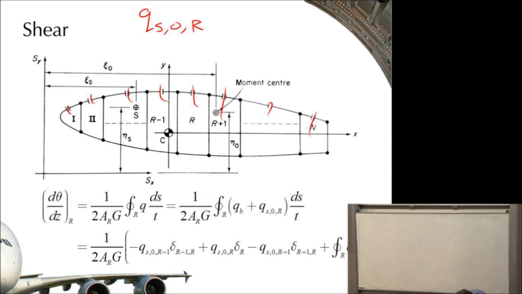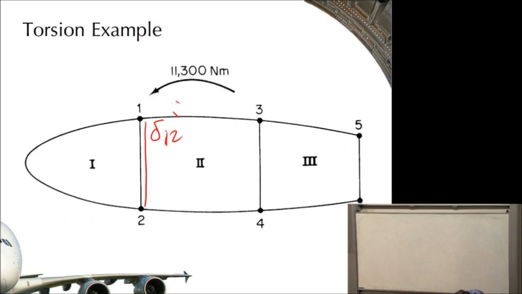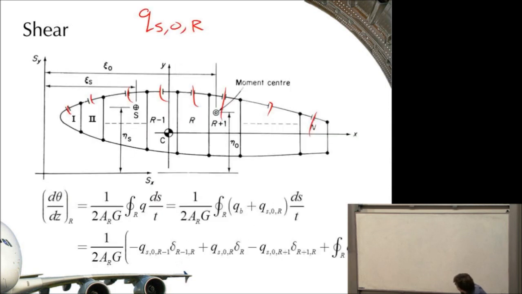And we use the same solution process. So we cut everywhere, we solve for QB. Once we've solved for QB, we can work out the rate of twist for every section. So the rate of twist for every section is the same, except inside now, we don't know our Q's. We've got a QB plus this unknown constant shear flow.